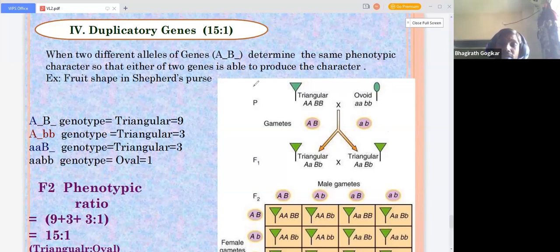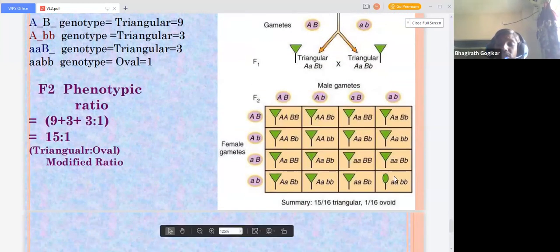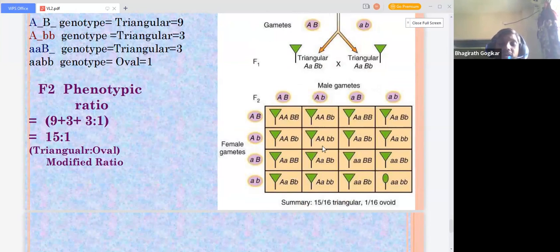So we can see this. Just observe, triangular capsules are 15 and the last one is oval shaped. Why? Because in these 15 genotypes, A and B are present, or at least B is present. Either A produces triangular, or B also produces triangular.